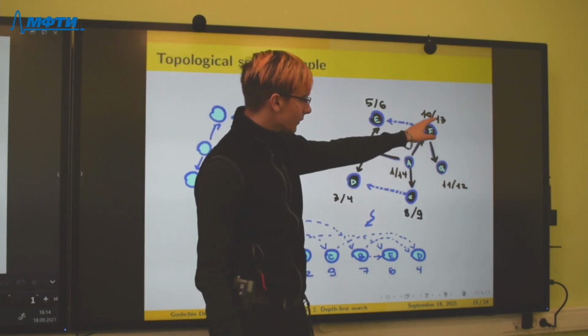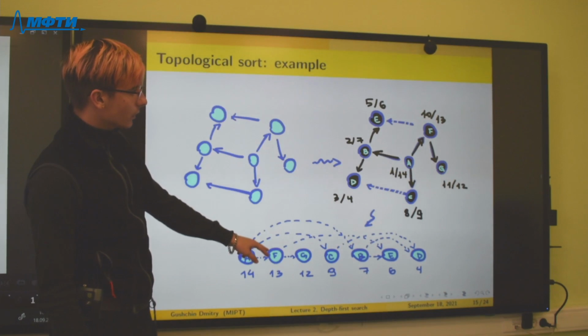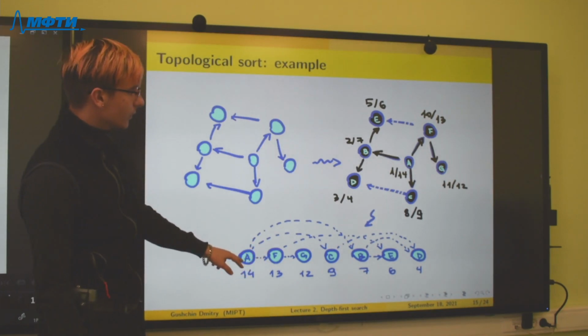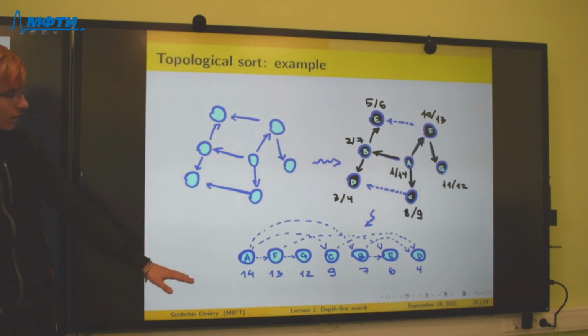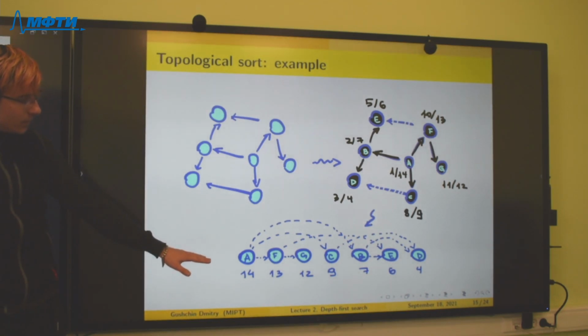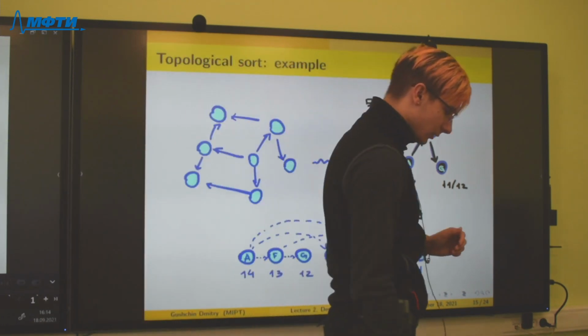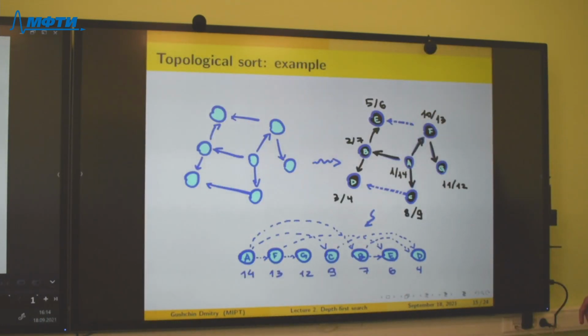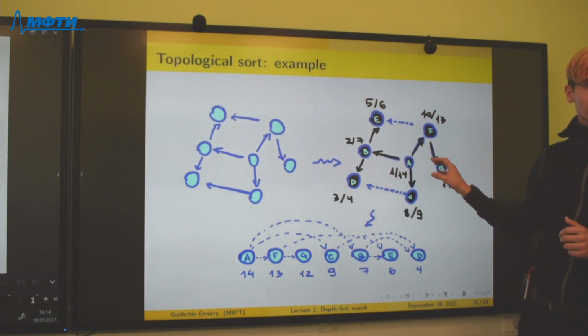And then go to G, finish with it, then finish with F vertex, and then finish with the root vertex. So this numeration is equal to the order that we get from the finish time of each vertex. Okay?